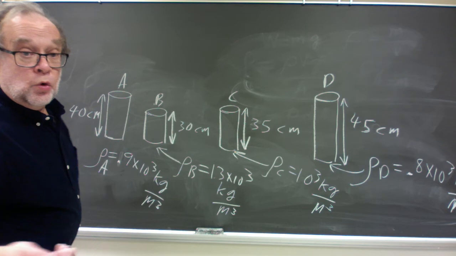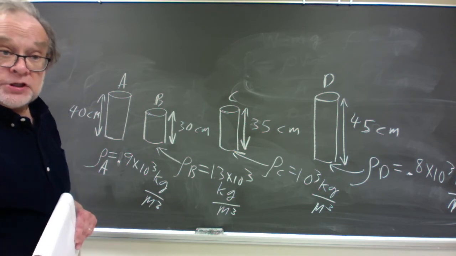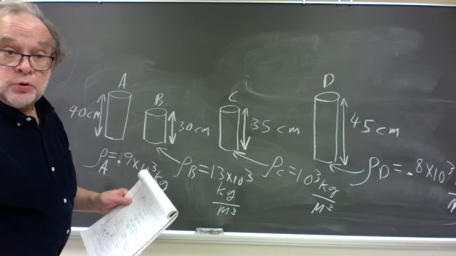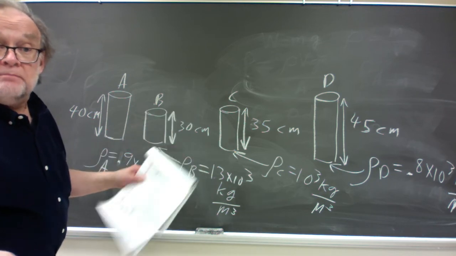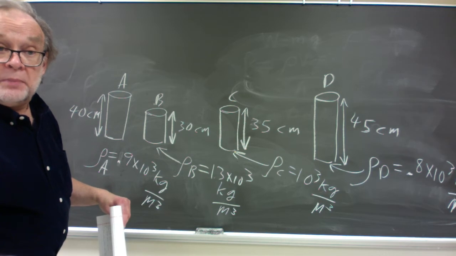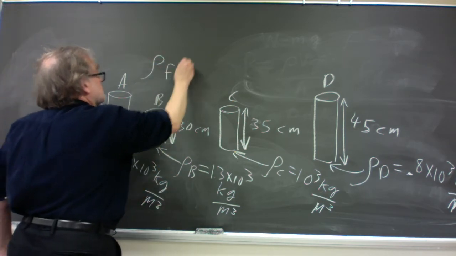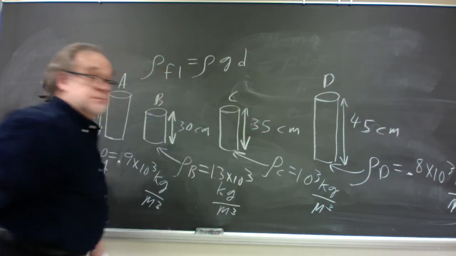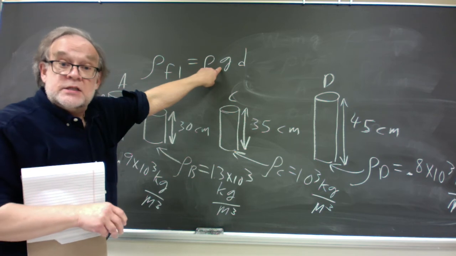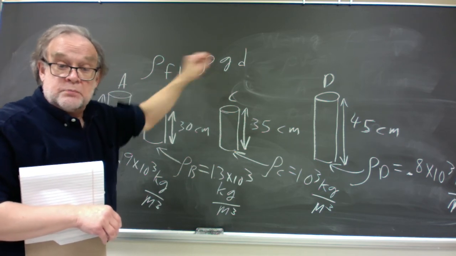So, what's the fluid pressure at the bottom of each cylinder? Well, the pressure contributed by all the liquid above the bottom of the cylinder is just density times g times depth. That, of course, is the same factor g for all 4. It's 9.8 meters per second squared.